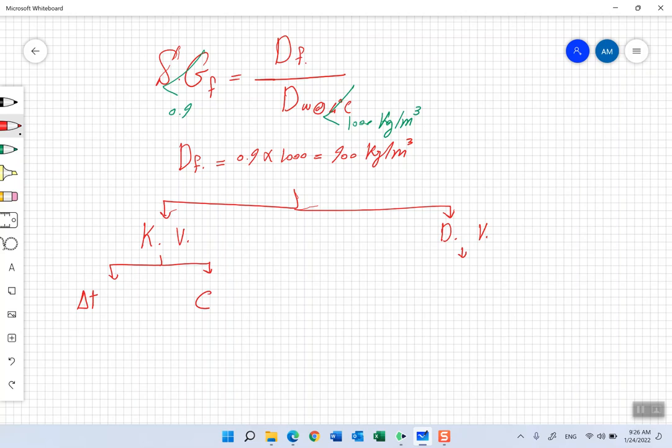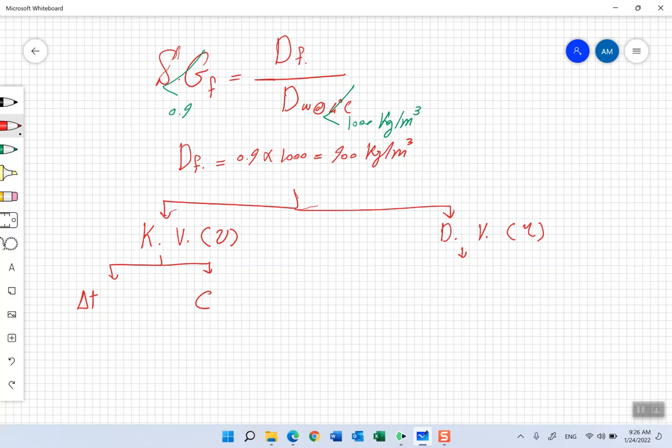The dynamic viscosity has a certain relation with the kinematic viscosity. Let's write down the symbol of the kinematic viscosity. It is called nu, the V-like shape, while the dynamic viscosity is mu, the M-like shape.